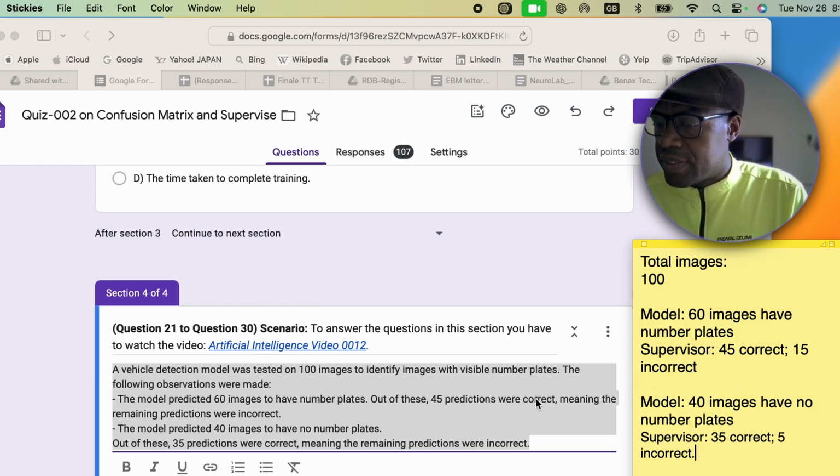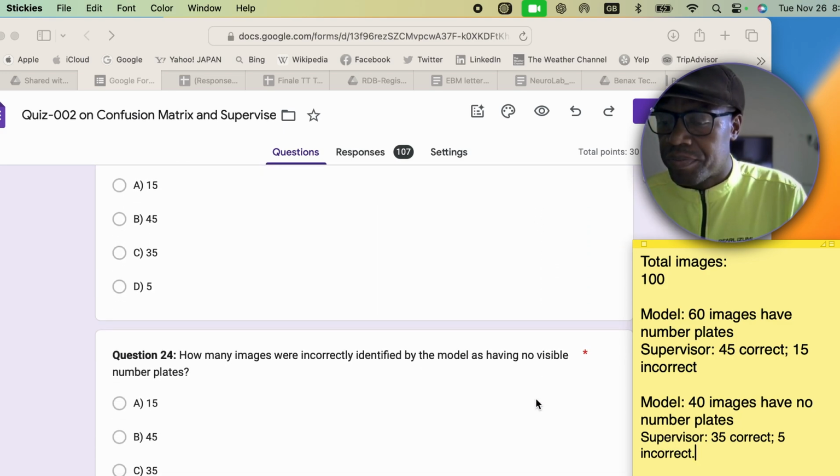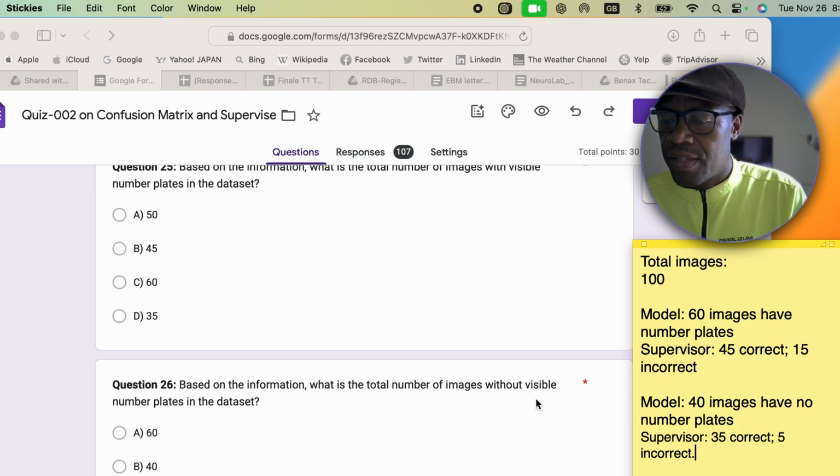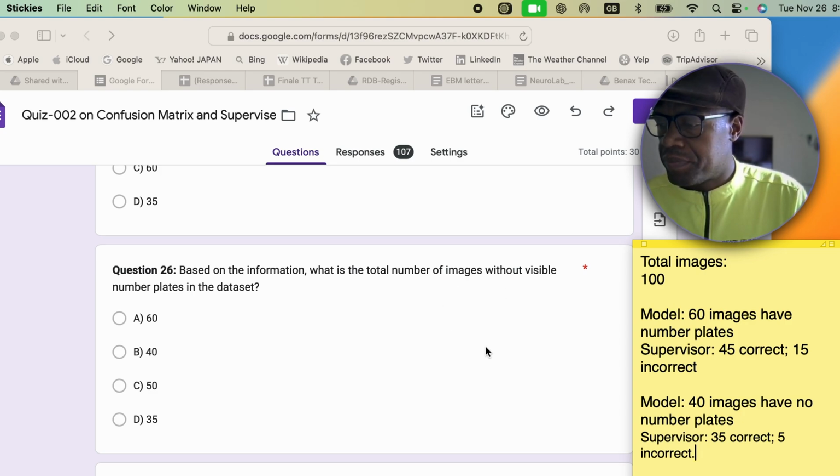Okay, so the question says again, based on the information, what's the total number of images without visible number plates in the dataset?